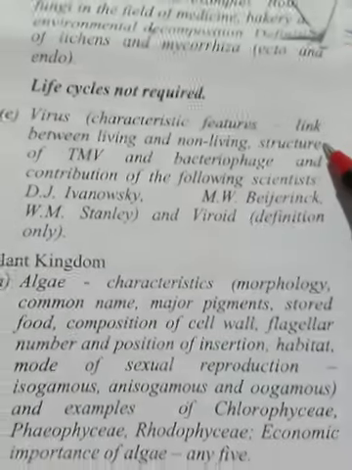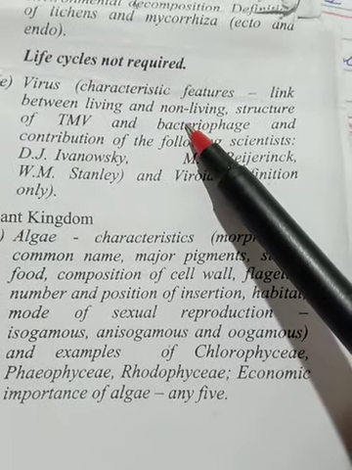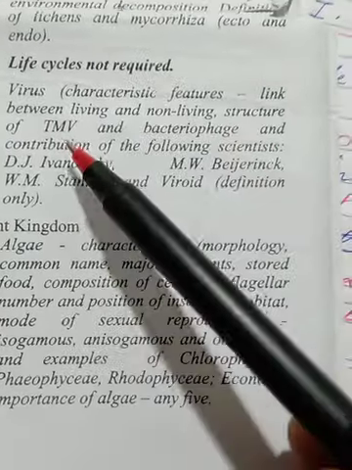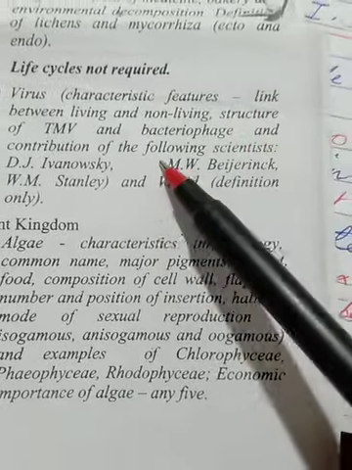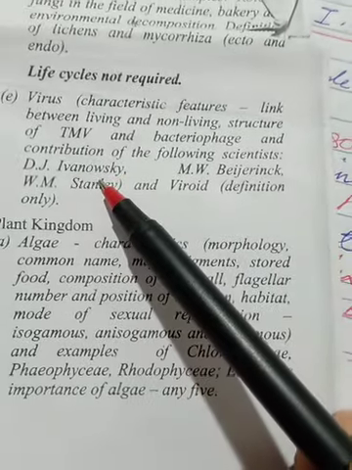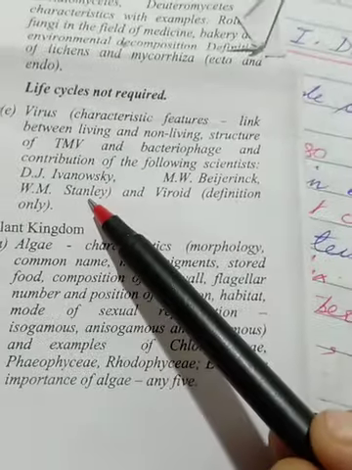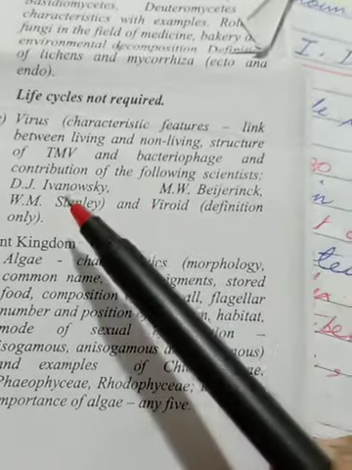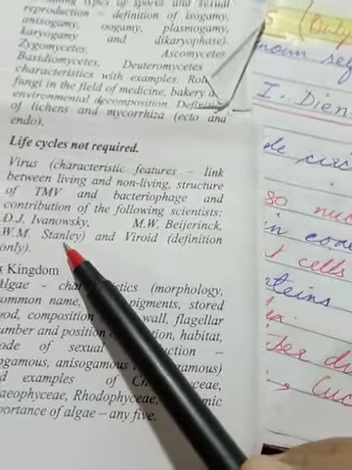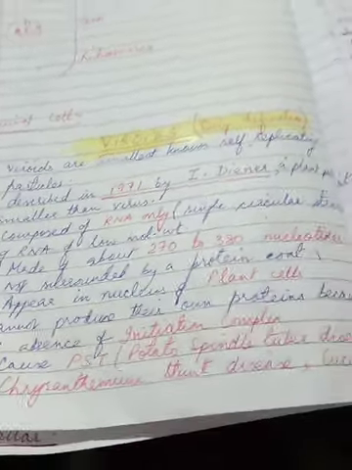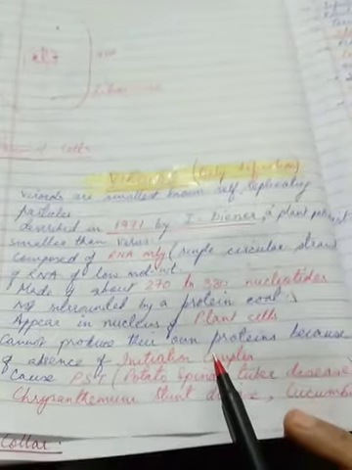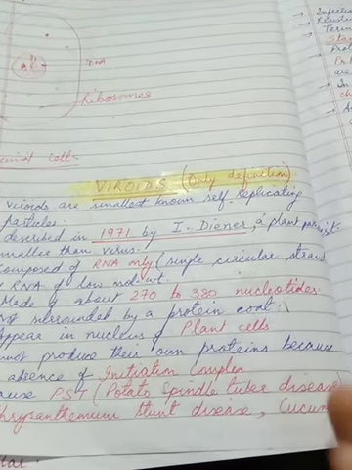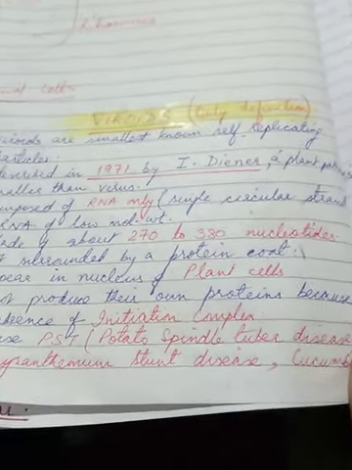Characteristic features, link between living and non-living, that we have done, why it behaves like living or non-living, structure of TMV, and bacteriophage, and the contribution of various scientists like D. J. Iwanovsky, M. J. Beijerinck, W. M. Stanley, and viroid definition only. So no need to go much deeper beyond that, but still we have discussed, apart from the definition, who discovered it and what it is missing, like the initiation complex, therefore it can't make its own protein, and what diseases are caused by it.